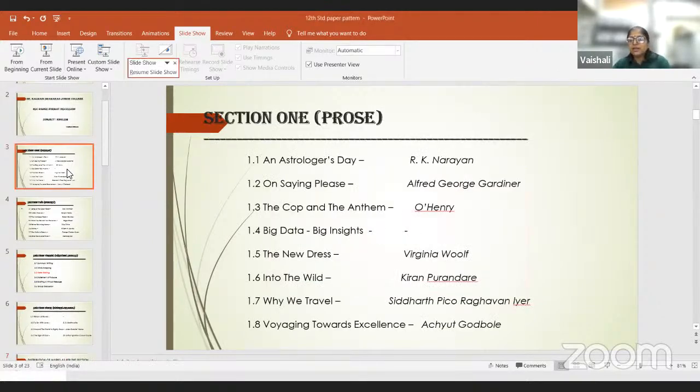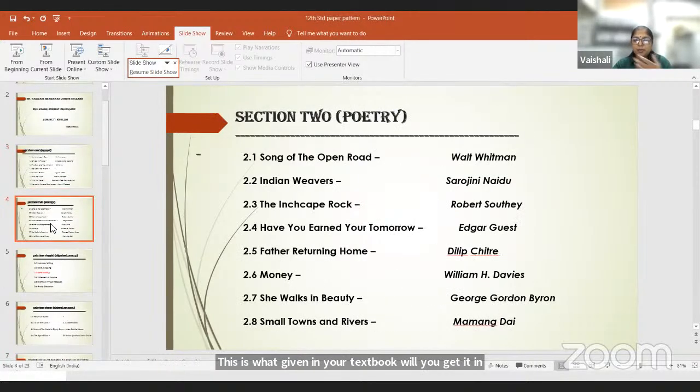This is what is given in your textbook. We'll get it in the index. That is 8 lessons and 8 poems.